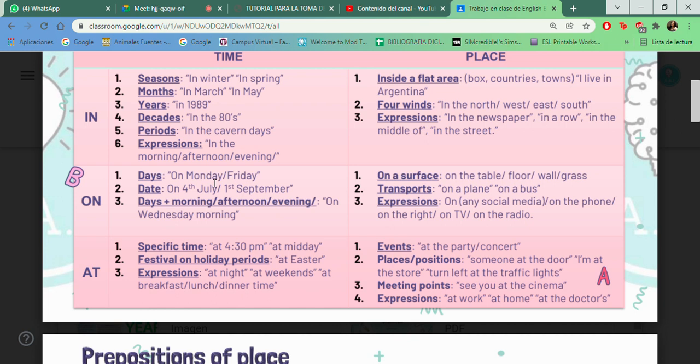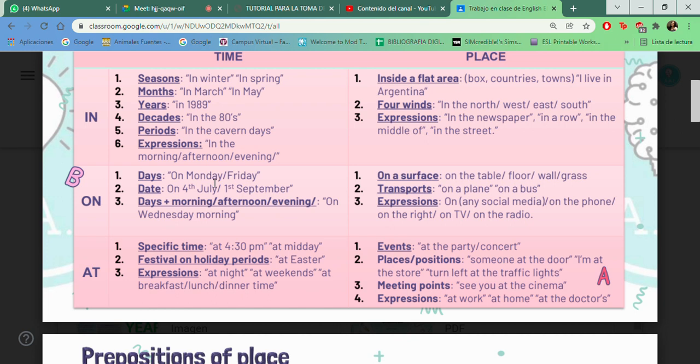Then we have some expressions that we use with at, that are at night, which means in the evening, so please don't say in the night. It's in the evening or at night, okay? I go to sleep very early at night, or very late at night, or in the evening.